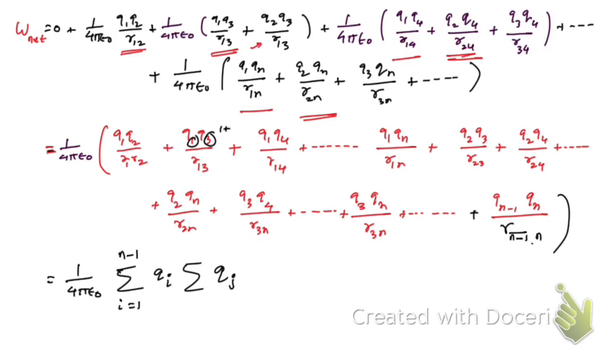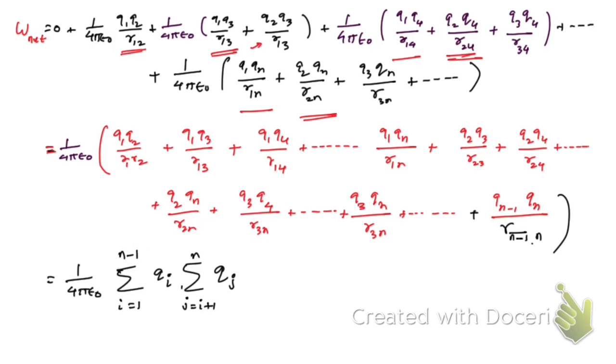Similarly, here j is nothing but i plus 1, because here this is n minus 1, so n minus 1 is i and this is j, so n minus 1 plus 1 is going to be n, right? So j goes to n, and i goes to n minus 1. So hope you have understood this.